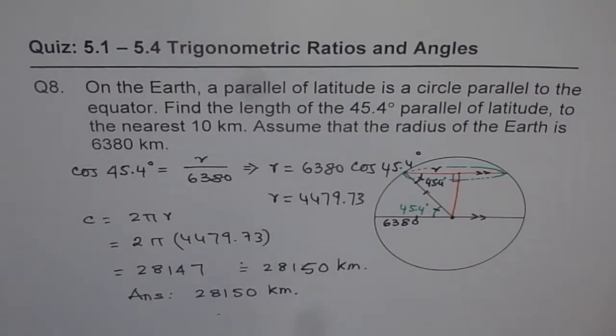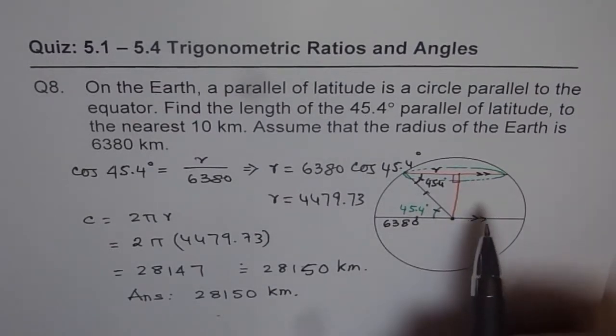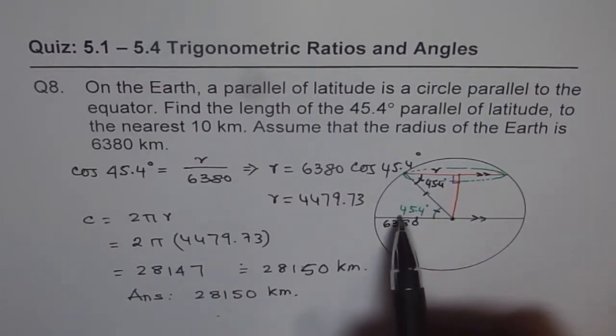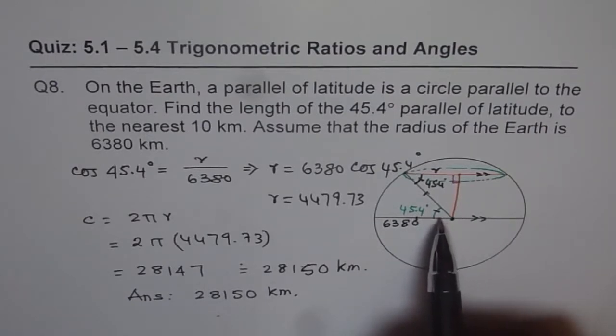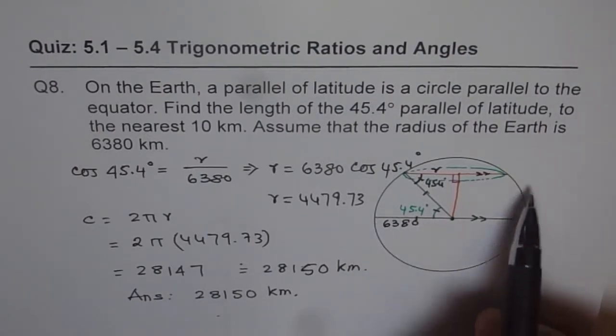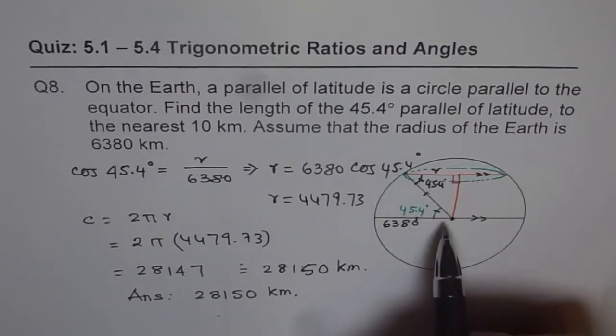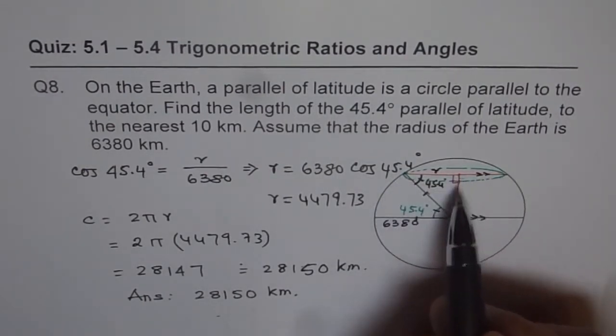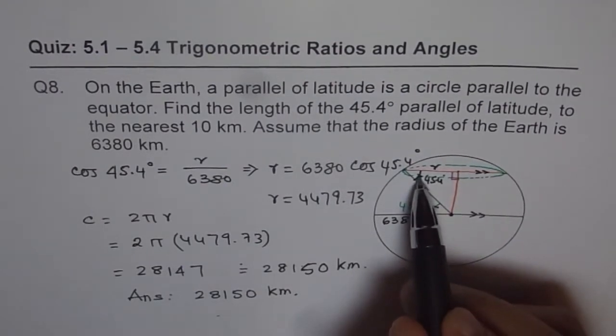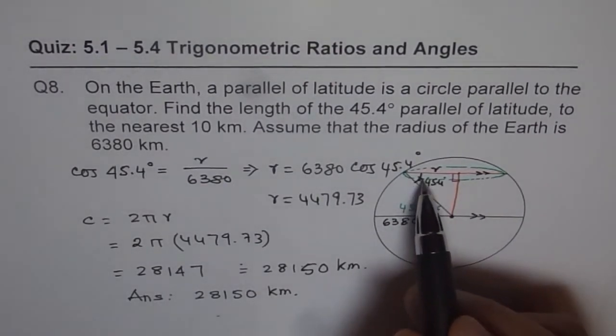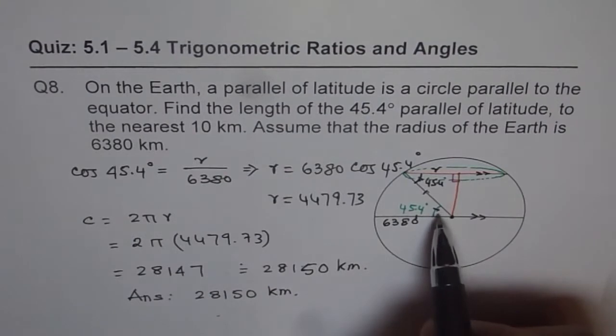Now let's go through this process once again. This is a kind of tricky question, right in the very beginning of trigonometry. Here we are given the angle of 45.4 degrees for the latitude. As the diagram suggests, we can make a right triangle here. These are alternate angles, so they have to be equal.